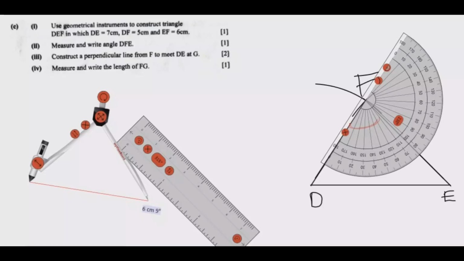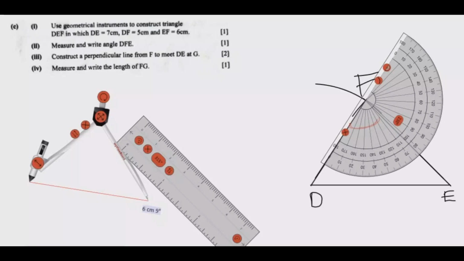We have, starting from the left going to the right, 10, 20, 30, 40, 50, 60, 70. Now in between 70 and 80, that should be 77 degrees. That is the measurement I can see on that line. It's closer to 80, but it's not exactly 80 degrees.